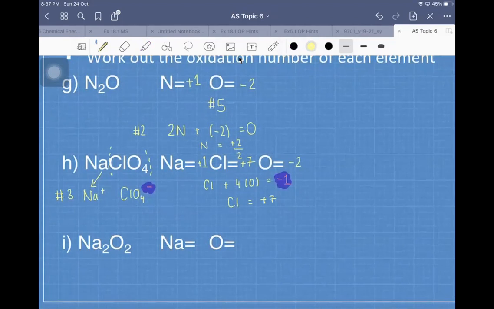Next, sodium oxide Na2O2. Again, there is a group 1 metal, so I will try to break this down into its ions. Sodium will always be, regardless of what number we have here, sodium will always be +1.